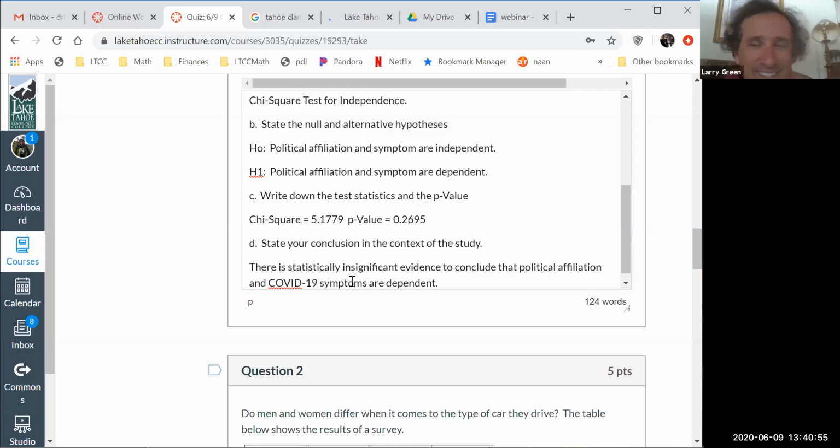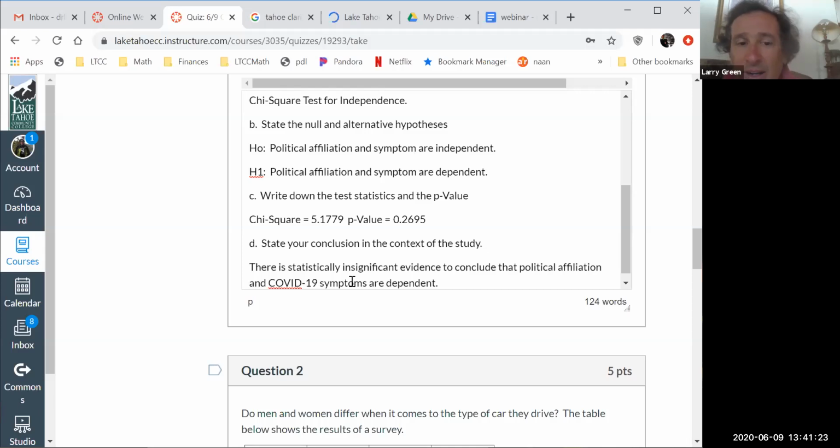Any thoughts? I made it, but even more so, I copied and pasted. I just took last week's quiz and I hit copy and I hit paste. And I changed the first paragraph. That way you're getting used to the way I word hypothesis test questions, so that when you get to the final, you'll understand how to handle a hypothesis test.